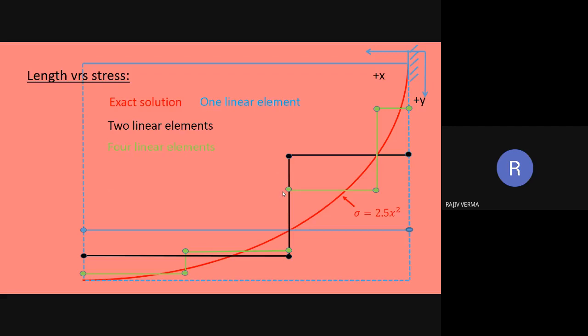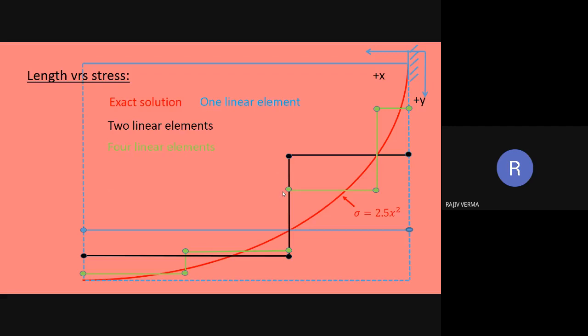Now, if you see this graph closely, you can very well see that the maximum error in the value of stress is now at the node itself. The maximum error in the value of stress is now at the node itself and is not at the center of the element.